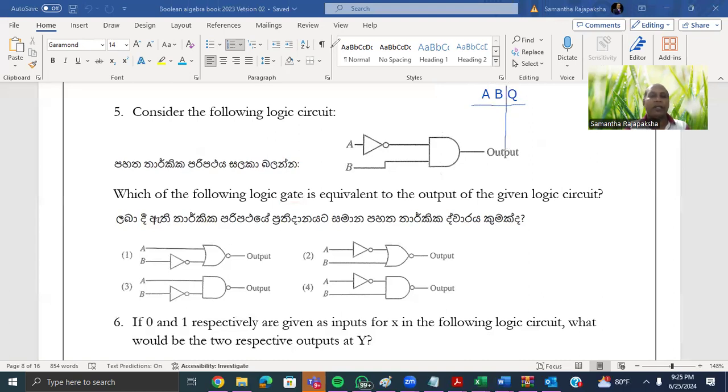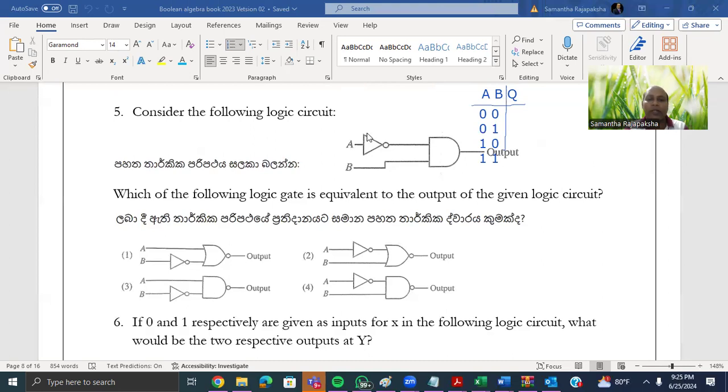Now we know the possible inputs are 0 and 0, 0 and 1, 1 and 0, 1 and 1. Then you can input 0 and 0 and see what the output is.